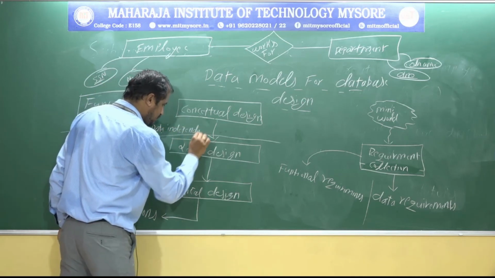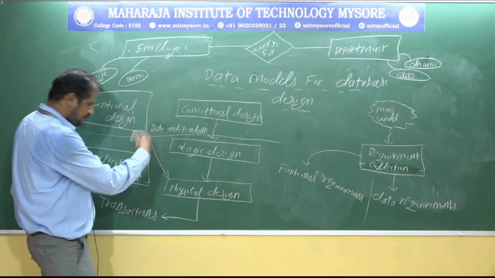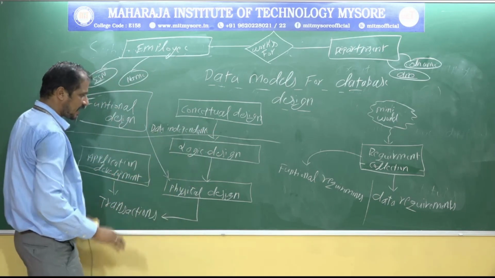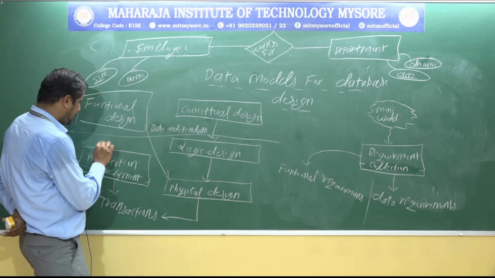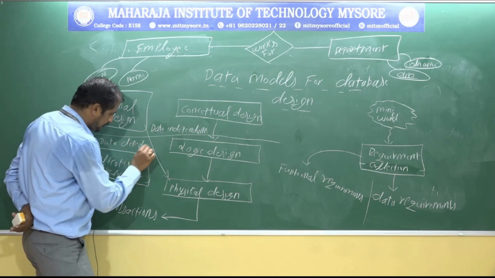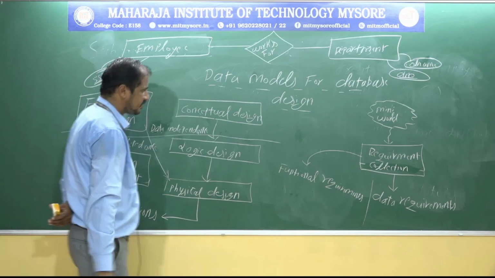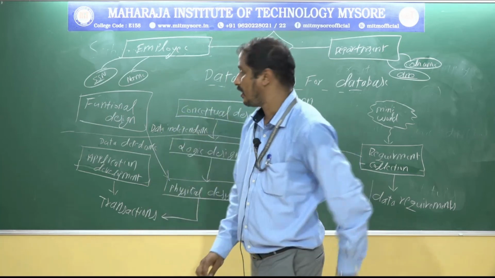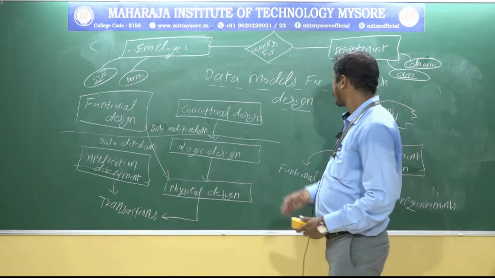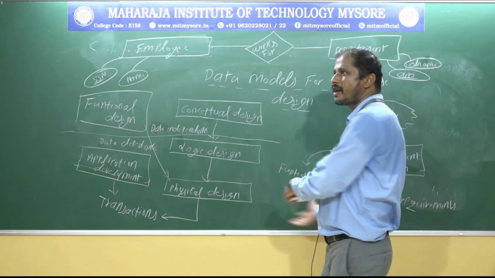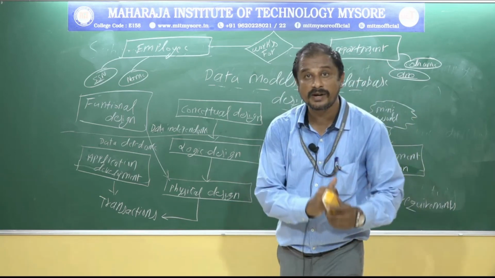Data independence speaks about this part: the logical design, physical design, and application development with the transaction define data dependency. So it comes with real-world requirement collection, data requirements, and functional requirements.